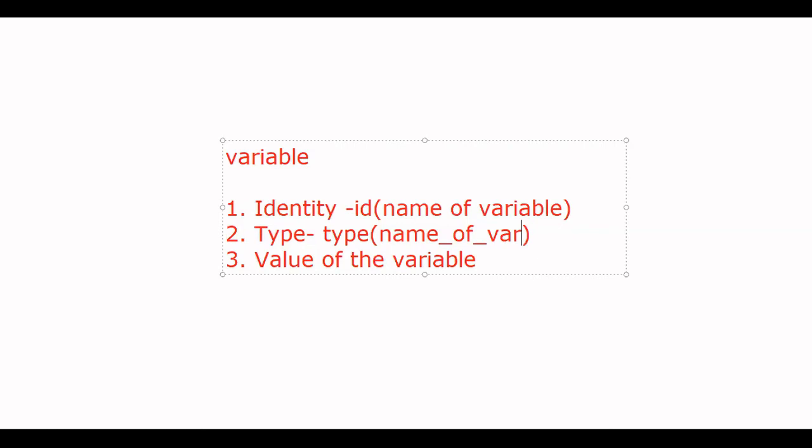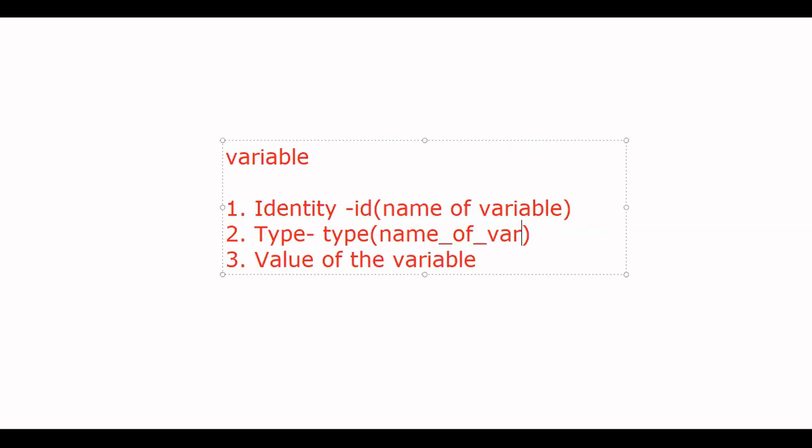Clear? So now over here, the next one is age. If I want to know the ID of age, I will say ID, open bracket, close bracket, age. And if I want to see the type of it, I will say type age.